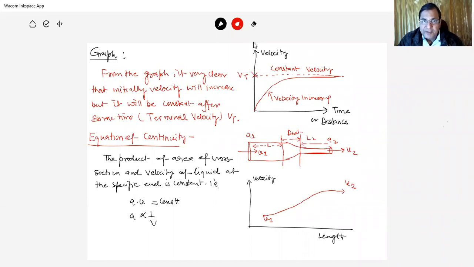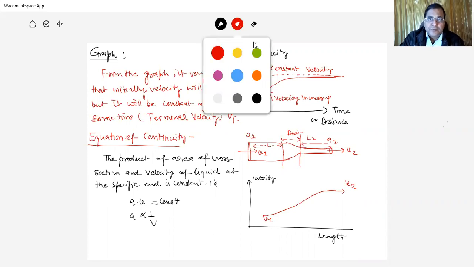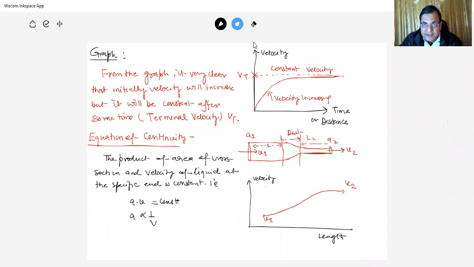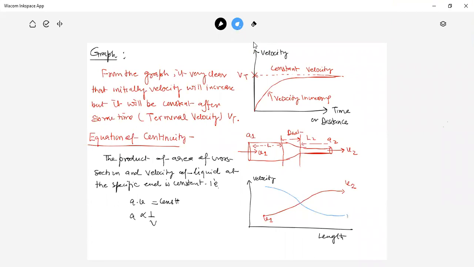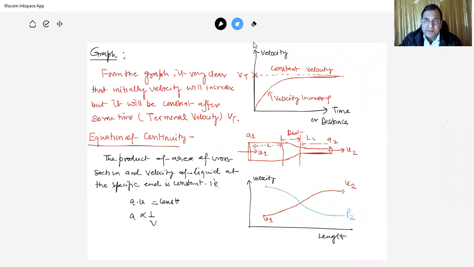And if we have another concept, that is pressure, the pressure variation is something like this, with P2 and P1. The point where velocity is very high, pressure will be low. If the velocity is low, then pressure will be high.